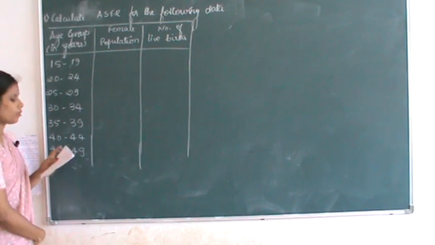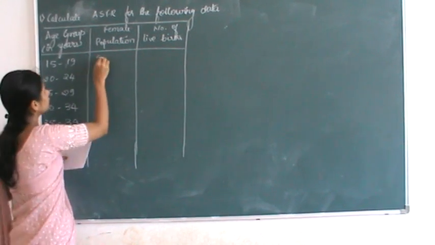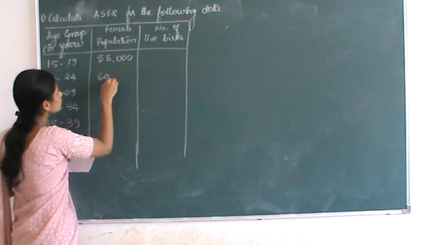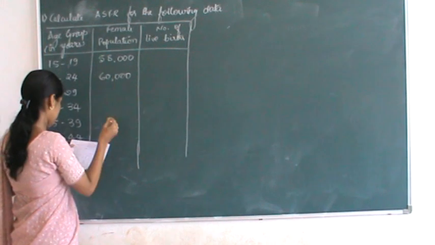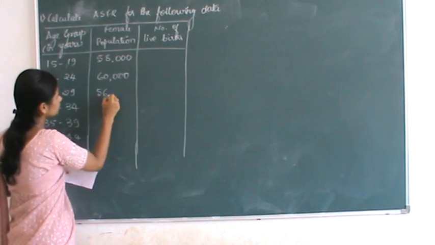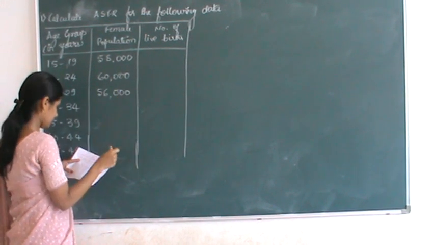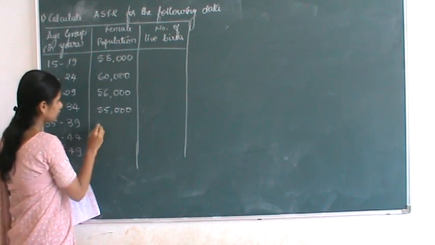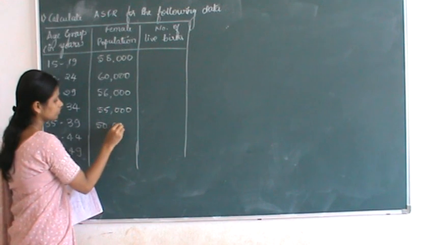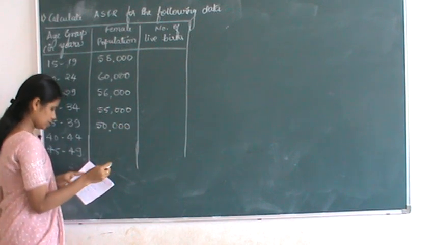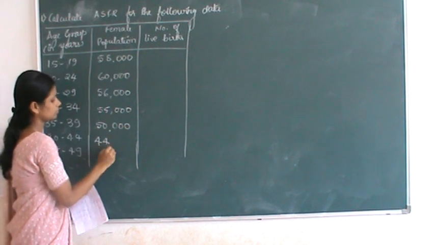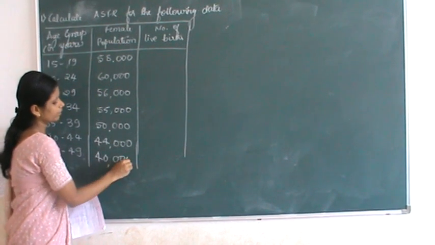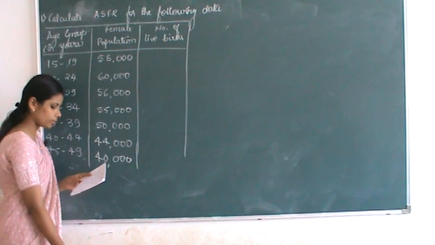Next, female population, it is 58,000, 60,000, next 56,000, then 55,000, 50,000, next 44,000 and 40,000. This is the information relating to female population.